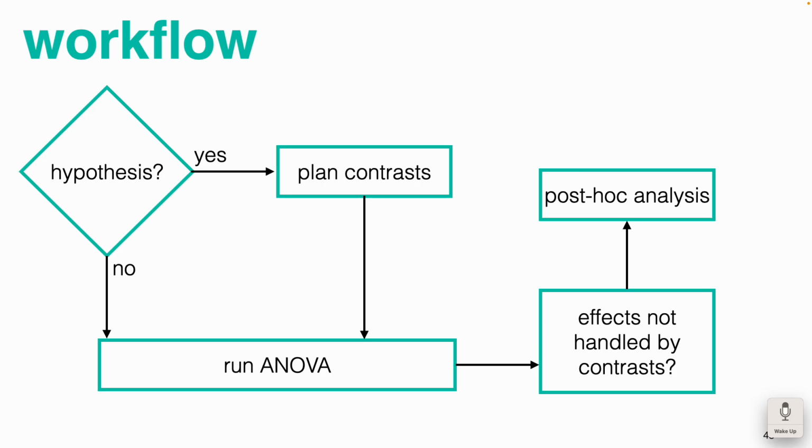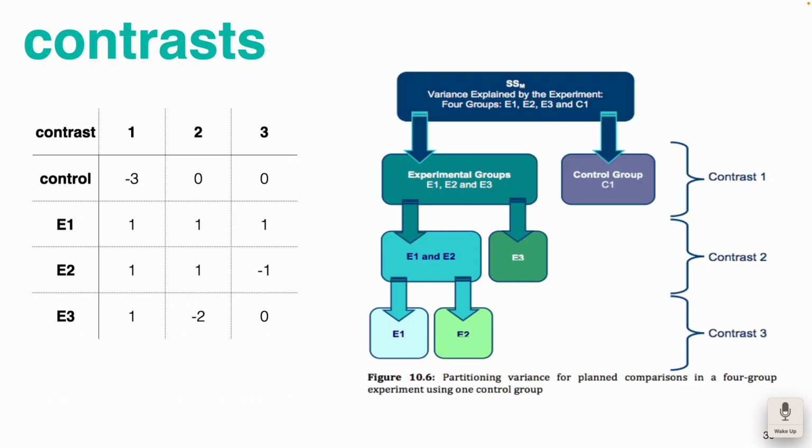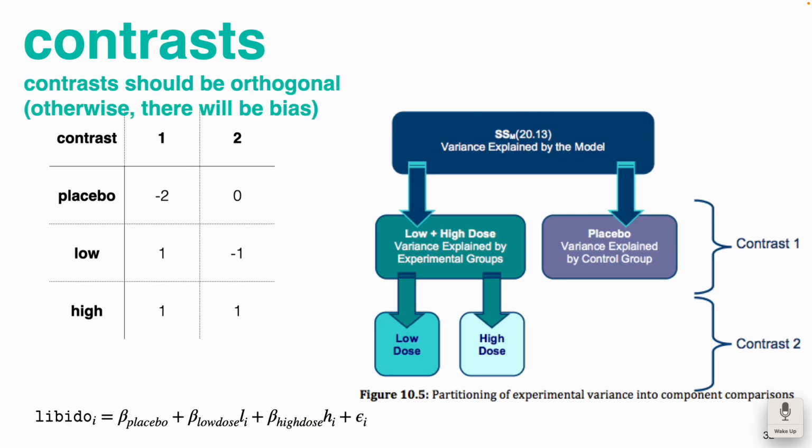Is that on a different slide? Yeah, here, like this. So the contrast needs to be orthogonal. They mentioned the experimental groups and control groups in contrast one.